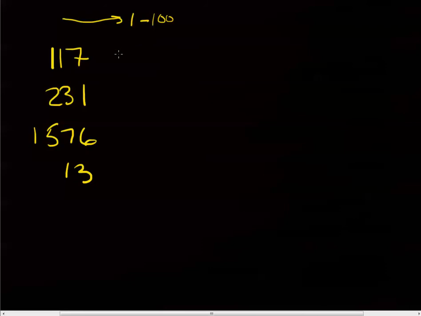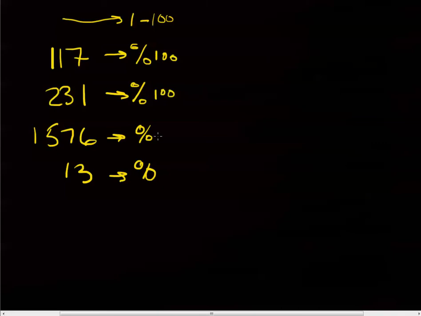The first thing we can do is a modulus by 100 with each number. Every time we get something out of the random number generator, we do a modulus operation. We mod it by 100, the base. This will come out to be 17, 31, 76, and of course 13. 13 mod 100 is just a remainder of 13.